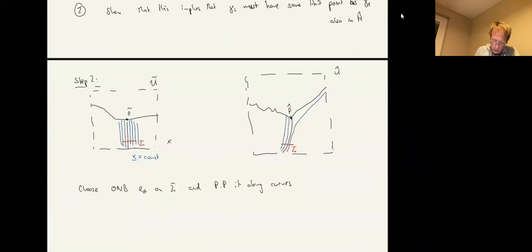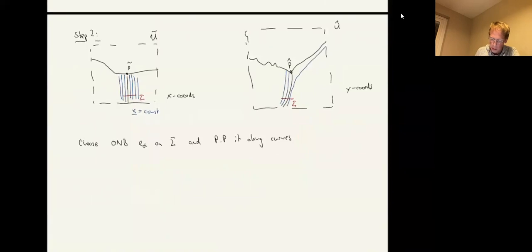But if I have here in this chart x coordinates and in this chart y coordinates, then I can write this parallel transport in terms of the x coordinates or the y coordinates. So here, if I parallel transport this orthonormal basis E alpha and express it with respect to the x coordinates, then I get such an expression. And here with respect to the y coordinates, I get such an expression. And since they're related by an isometry, I can write them as equal, just different coordinate expressions.